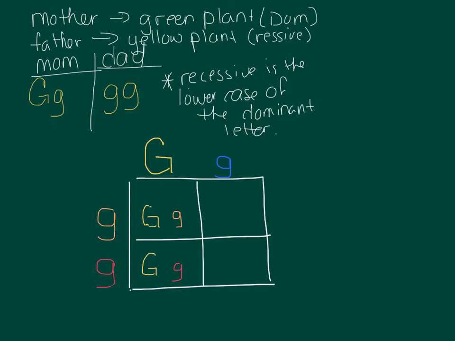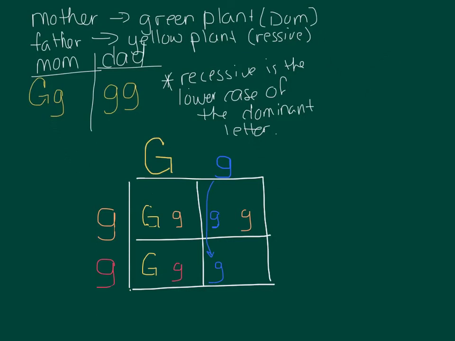So now I'm done with my big G. So I'm going to do this little g. So I go little g down, and I'm going to do this little g across. And so I end up with little g, little g. Let me fix that g because that's going to bug me. And then this one's going to come down again to the bottom one.